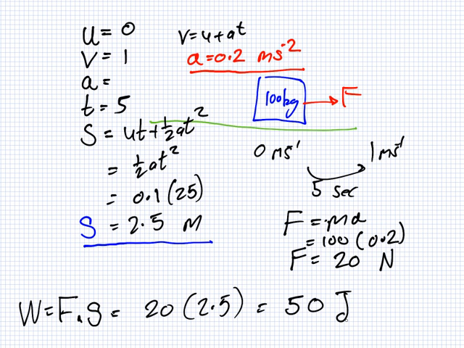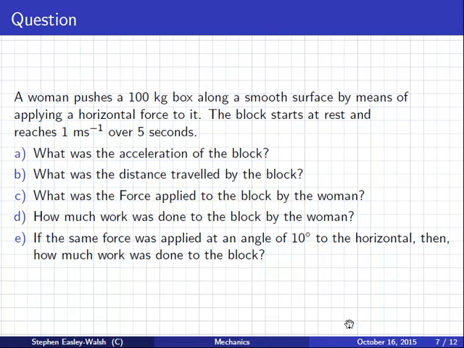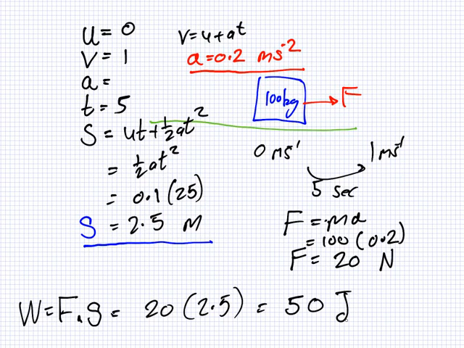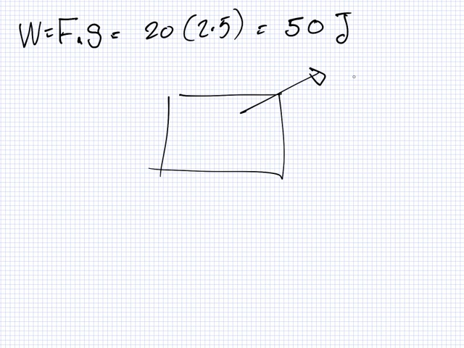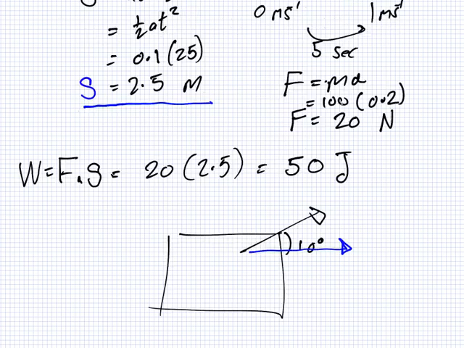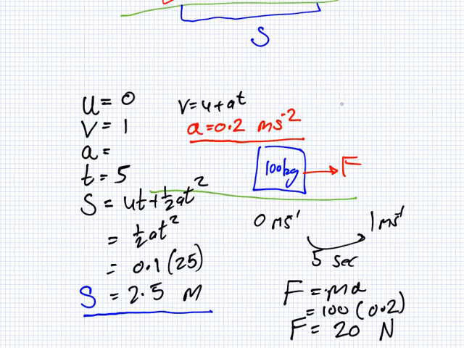Okay, last part is, if the same force was applied at an angle of 10 degrees, then how much work was done by the block? So what's different this time is that she puts it at an angle of 10 degrees. It's still the same force. What would I get as the force? 20 newtons.